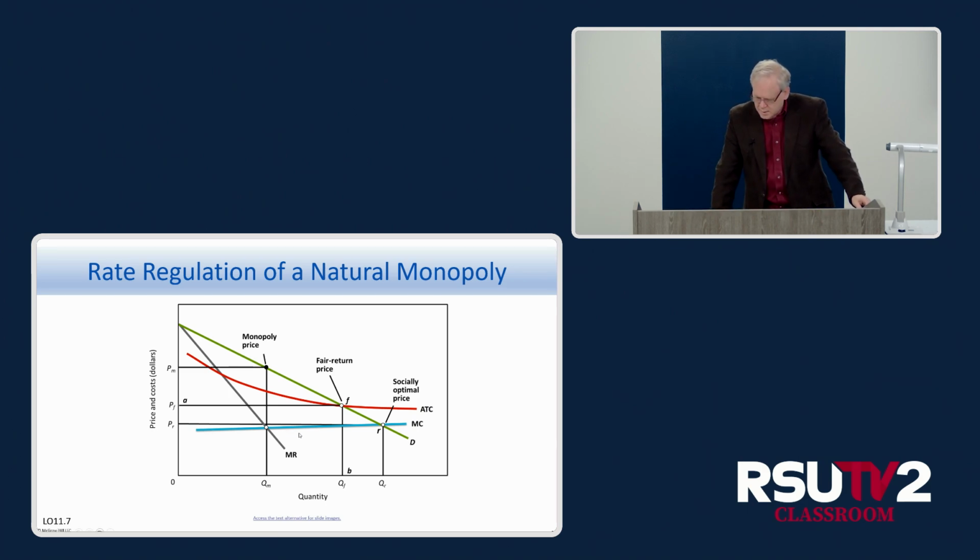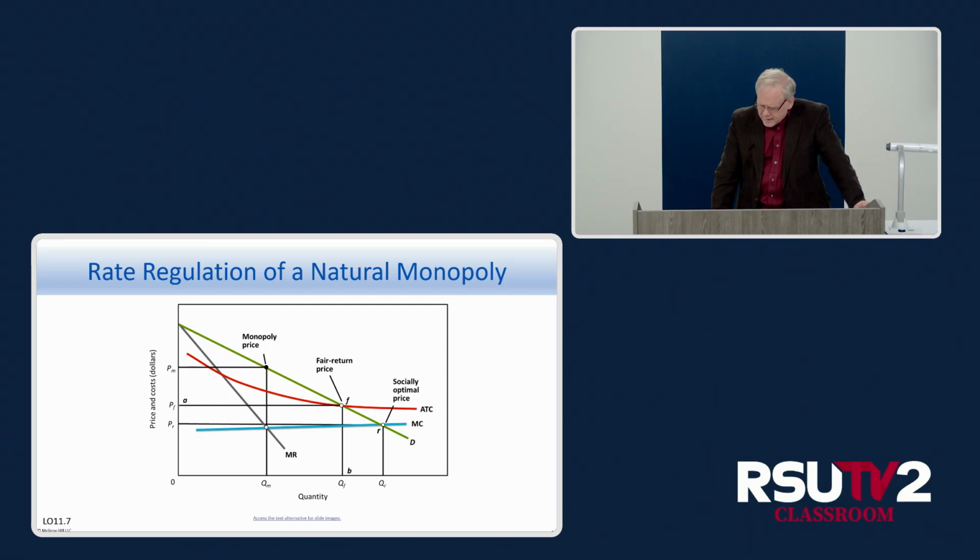So a fair rate of return is where a monopolist will claim it will want to be, right up here at P sub F. Here the profit is zero. That's a normal situation, normal profit, where the economic profit's equal to zero. And that's where average total cost equals price, okay?